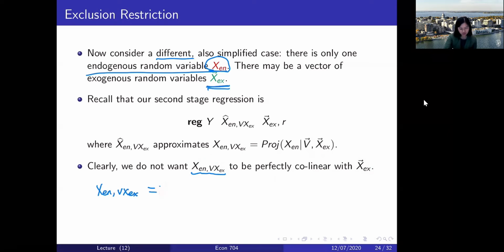By definition, there exist gamma 0, gamma 1, and gamma 2 such that this holds. We do not want this to be perfectly collinear with XEX. What that implies is that gamma 1 cannot be 0.